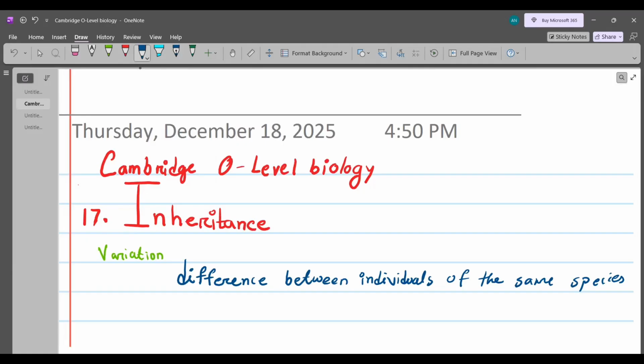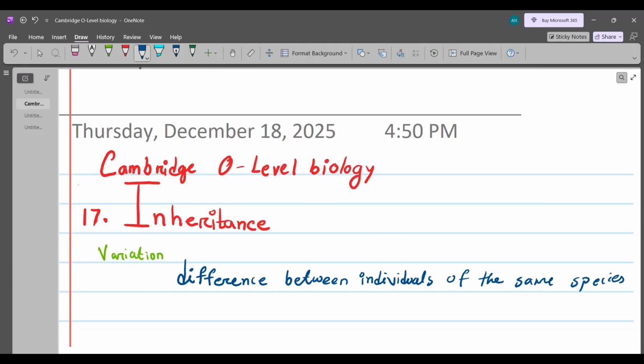Okay, so what's continuous variation? Continuous variation occurs when a characteristic shows a wide range of values with many small differences between individuals. These characteristics can usually be measured on a scale or arranged in an order. Some common examples include height, body mass, finger length.